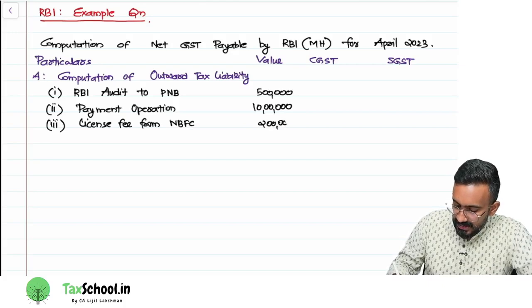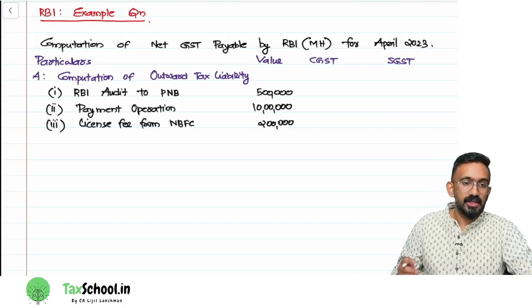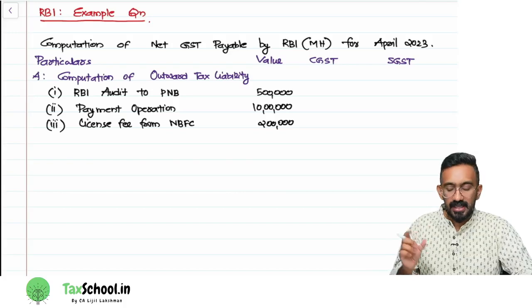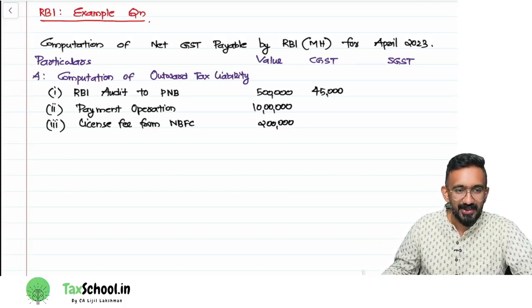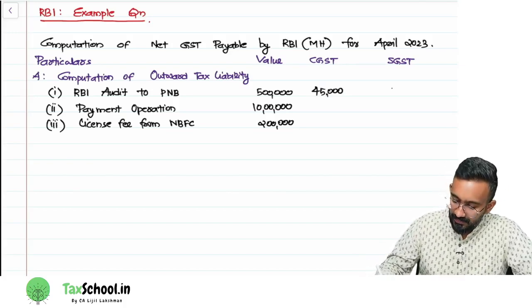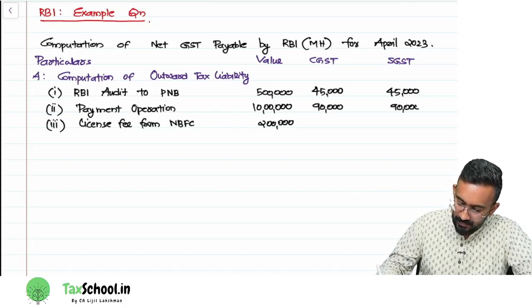My question says everything is at 18%. Since it is intrastate supply, I will have CGST, SGST at 9% each. So 9% of 5 lakh is, I want you to take a calculator and then type and compute. 45,000, 45,000. 10 lakh means 9% would be 90,000, 90,000. 2 lakh means 18,000, 18,000.